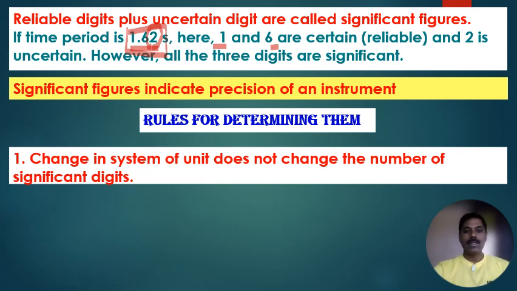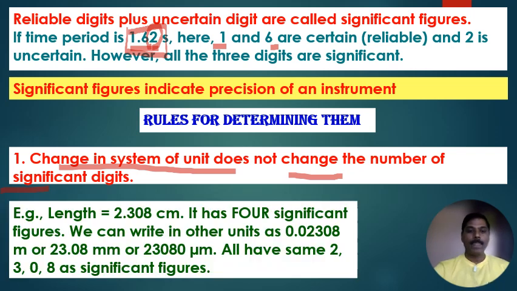One rule is that a change in the system of units does not change the number of significant digits. Let us take an example. In this example, the length of an object may be 2.308 centimeters. Now it has 4 significant figures. 2, 3, 0, 8 are significant digits.